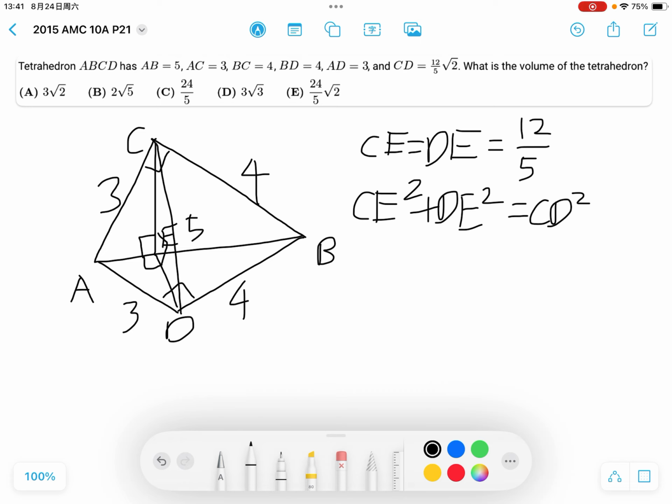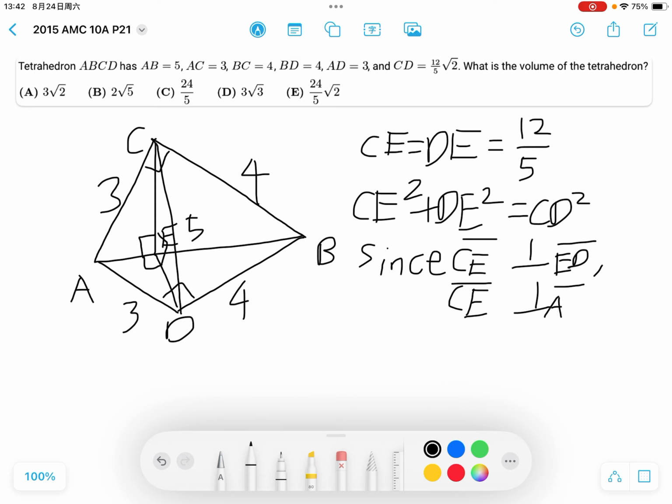And actually, since we know that CE is perpendicular to ED, and we also know that CE is perpendicular to AB, because the purpose of CE at first was to serve as the altitude on side AB. Since AB and ED are different line segments, 2 line segments decide a plane. They form a plane. So this plane over here, the surface ABD.